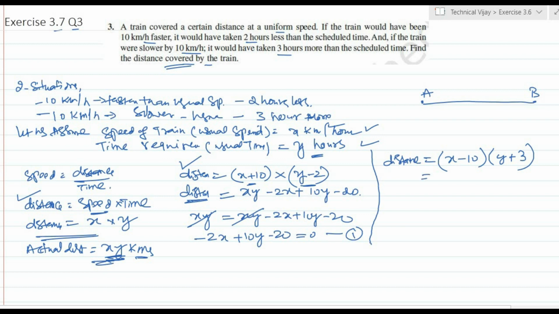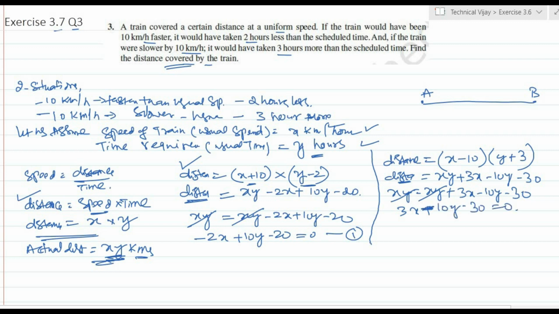So x into y plus 3x minus 10y minus 30. The distance is xy, so xy is equal to xy plus 3x minus 10y minus 30. The xy gets cancelled, so 3x minus 10y minus 30 equals 0. This is equation number 2.